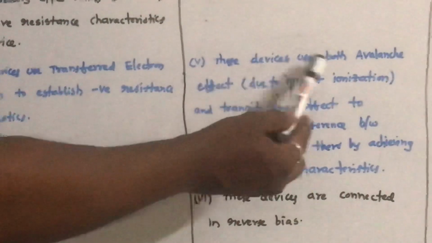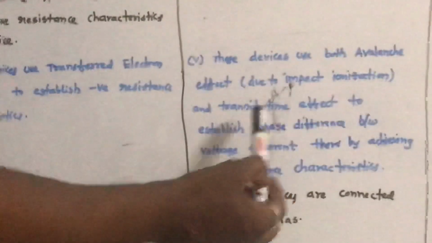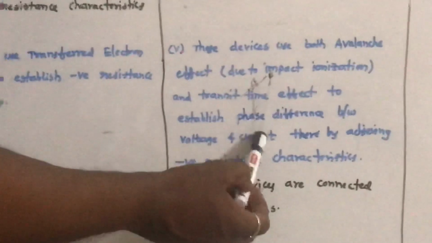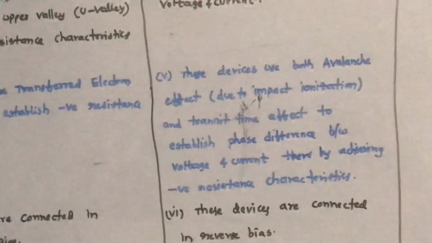These devices use these two mechanisms, avalanche effect and transit time effect, to get a phase difference between voltage and current. What happens if they establish a phase difference between voltage and current? The device starts exhibiting negative resistance characteristics.